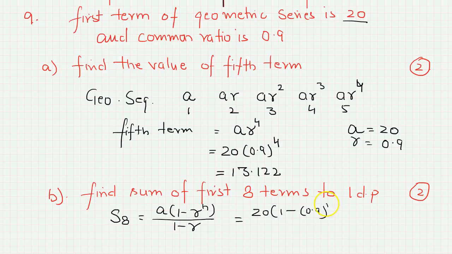We have to find the sum of 8 terms, divided by 1 - r. So 1 - 0.9. If you calculate, it is 113.9. We have to find it to the first decimal place.